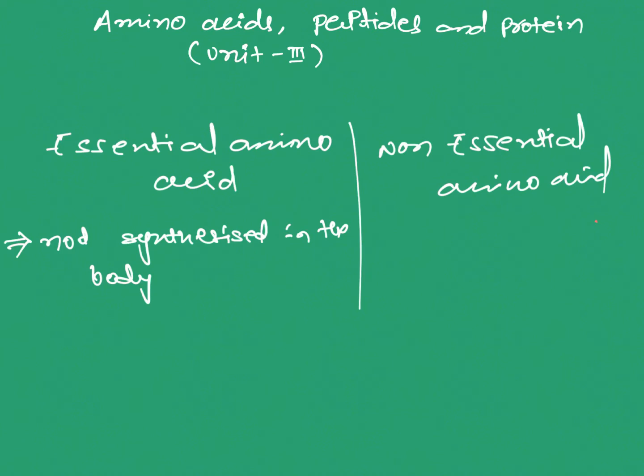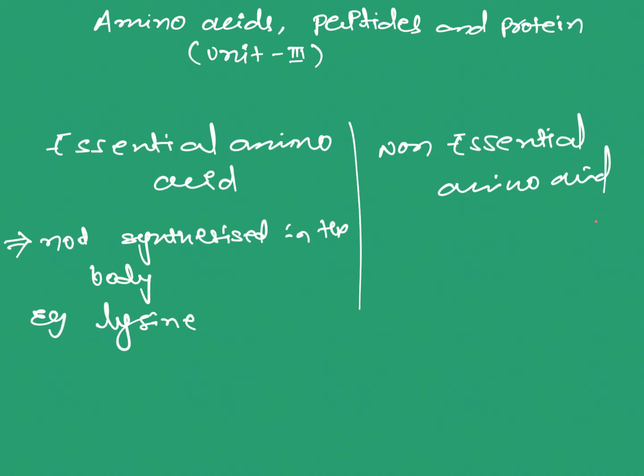Examples of essential amino acids: lysine, which we just saw as a basic amino acid structure, is an essential amino acid. Threonine, methionine, these all come under essential amino acids.